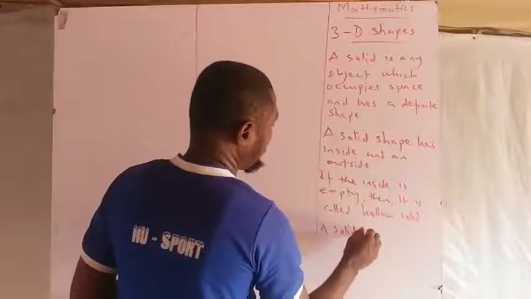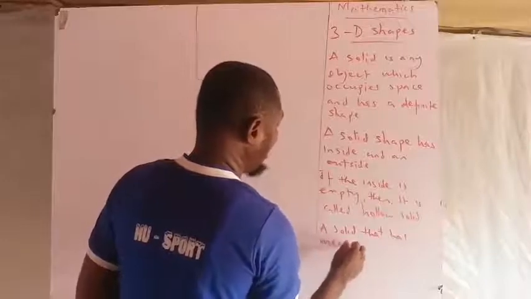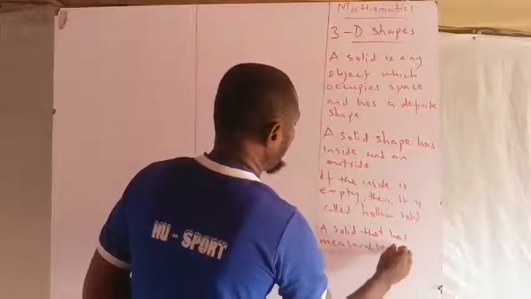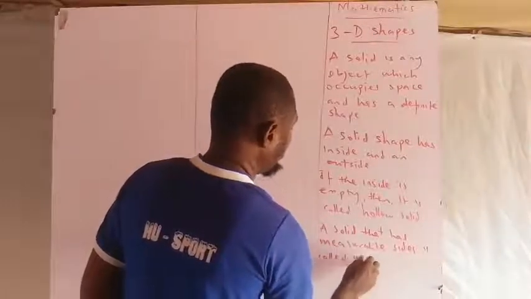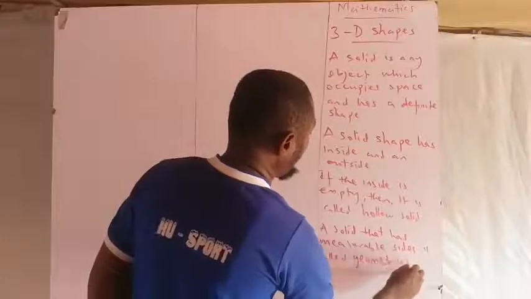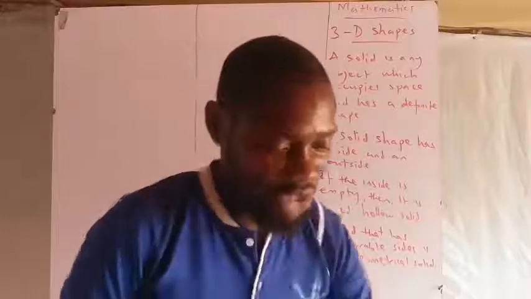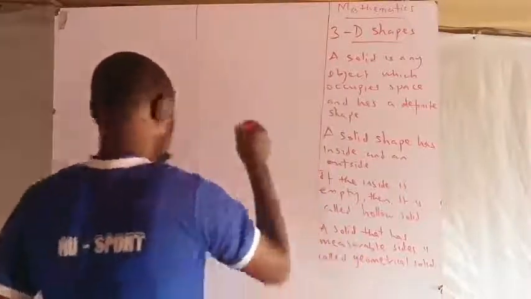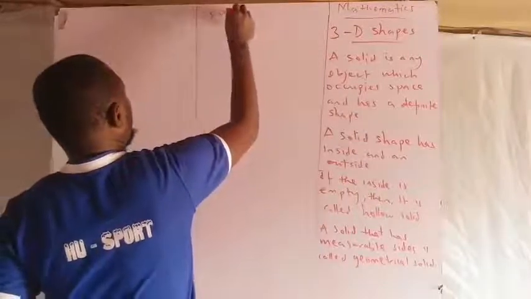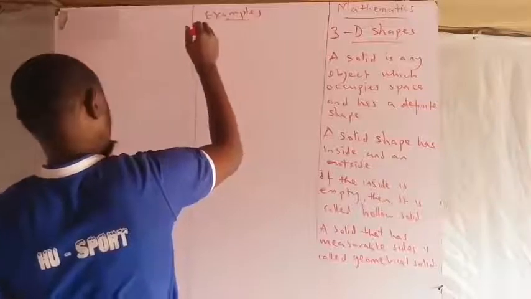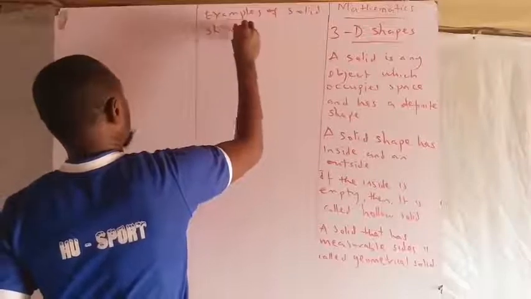A solid that has measurable size is called geometrical solid. Now, examples of some solid shapes.